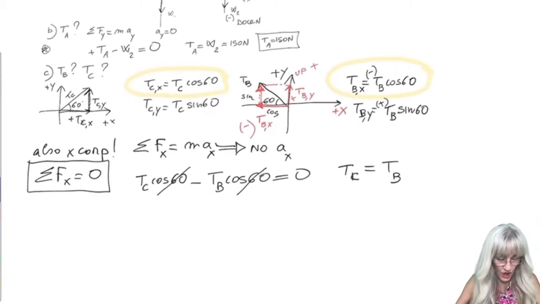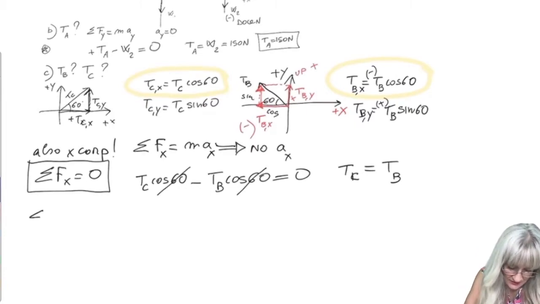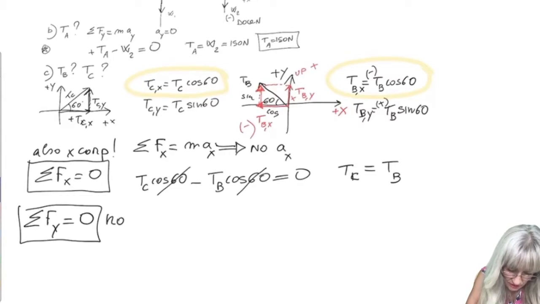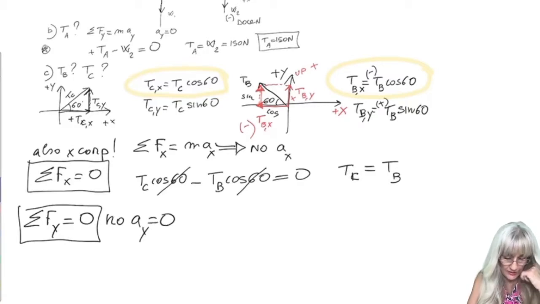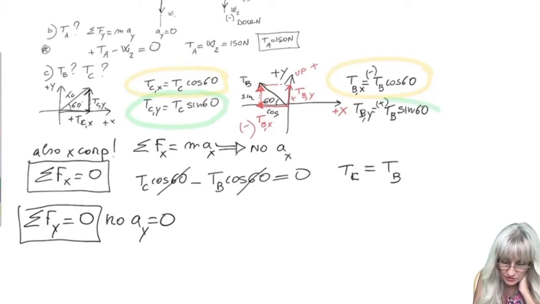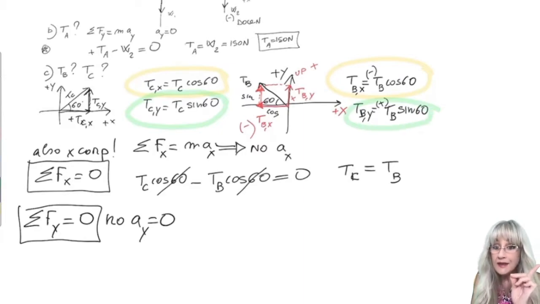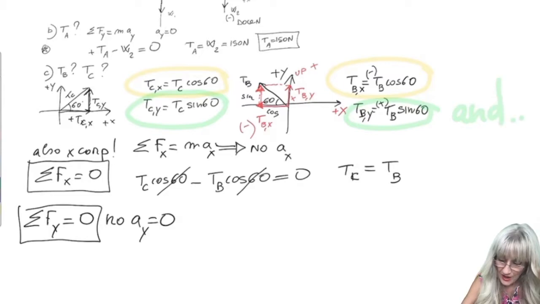Let's move on to the other law from Newton, which is also equal to 0 because there is no vertical acceleration. So let's do that. I'm going to use a green, so I'm going to add this one to this one and a few other weights, and I'll show you why.